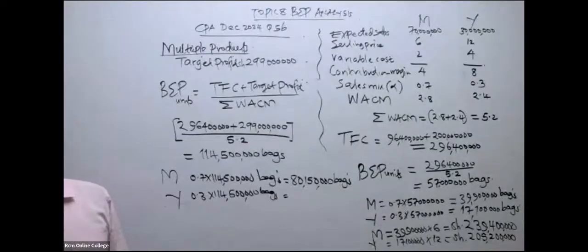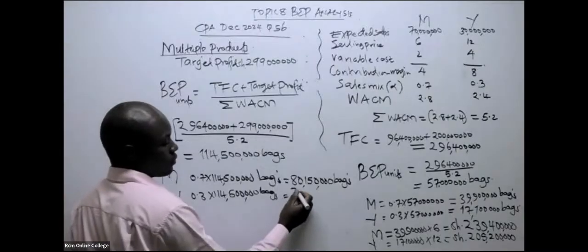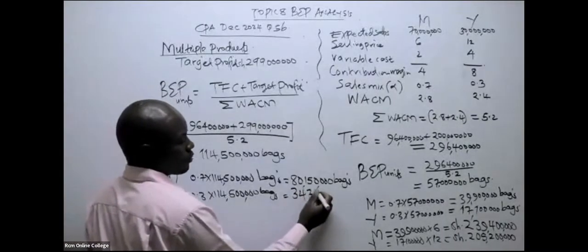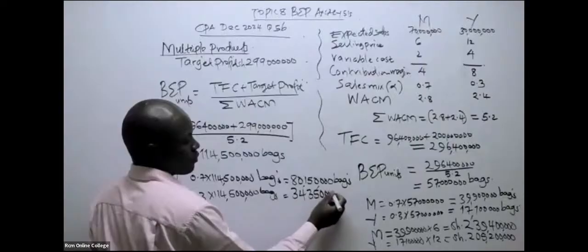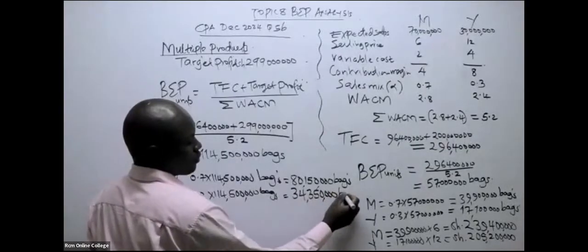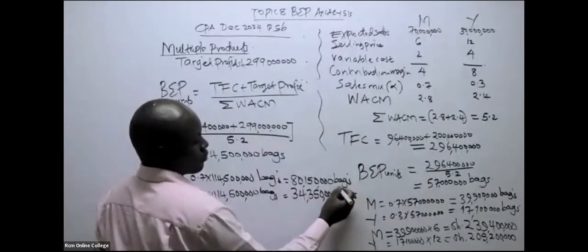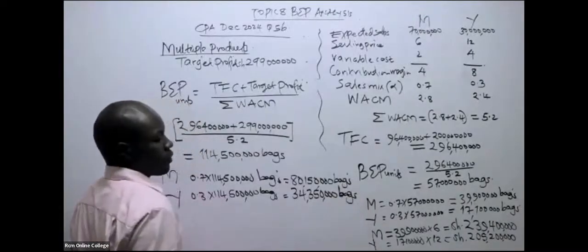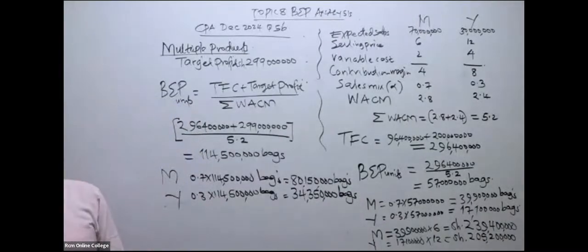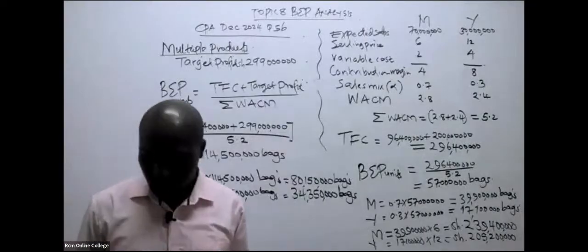Product Y. 34,350,000. 350,000 bags. Good. Now, back to the question.